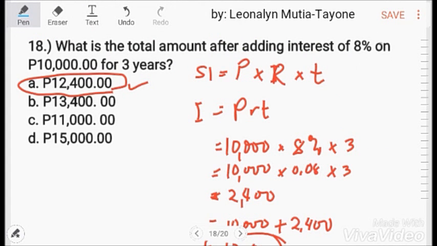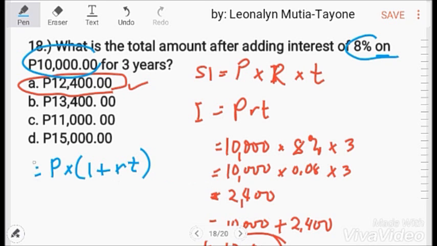Ang tanong dito is 8% on 10,000 for 3 years. So, simple interest nga siya. Para mas lalong mas madali siya, ganito ang gawin natin. Yung principal niya times 1 plus yung rate niya at saka yung time. So, yung principal niya ay 10,000 times 1 plus yung rate ay 8% or 0.08 times 3.